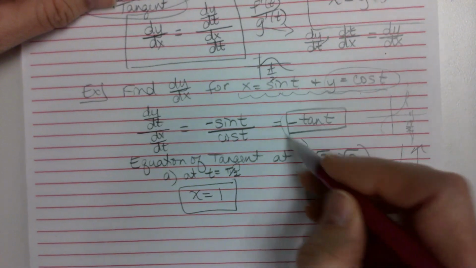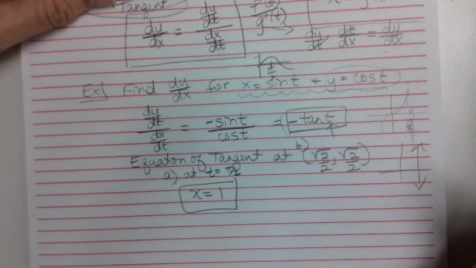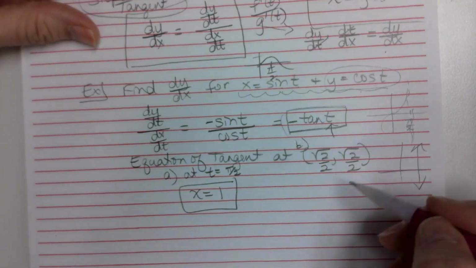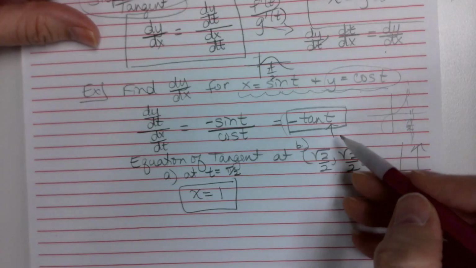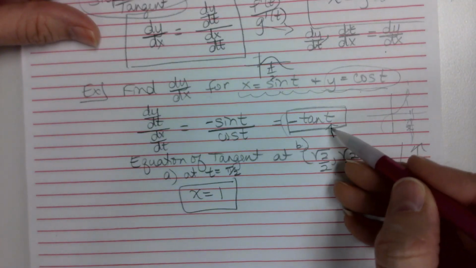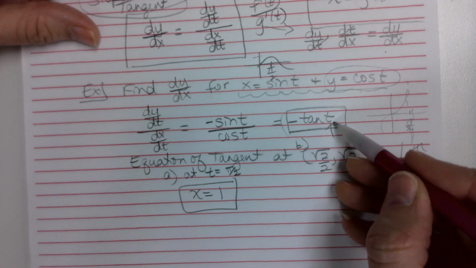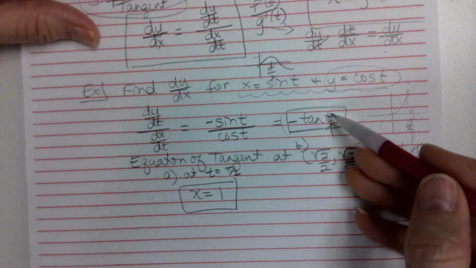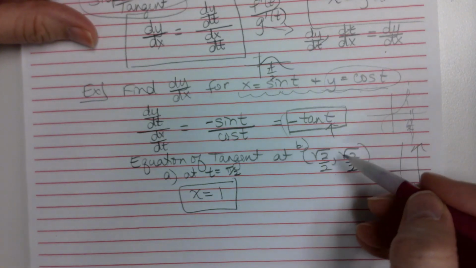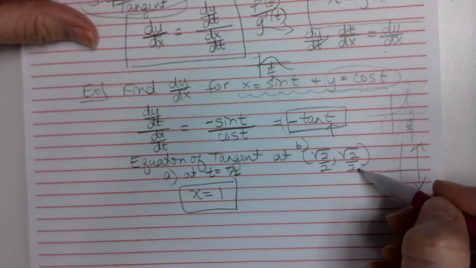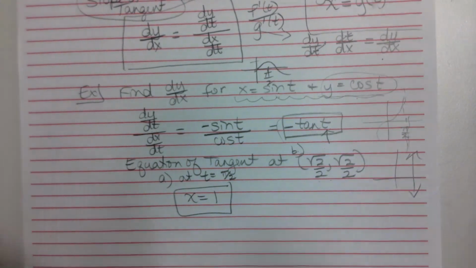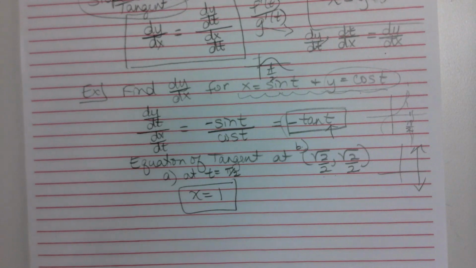Our formula has a what in it for the slope of the tangent. Yeah, I've given you the point. I haven't given you the slope. And the slope has a what in it? It has a t in it. I've not given you the t for this. Any ideas, any suggestions, please engage.